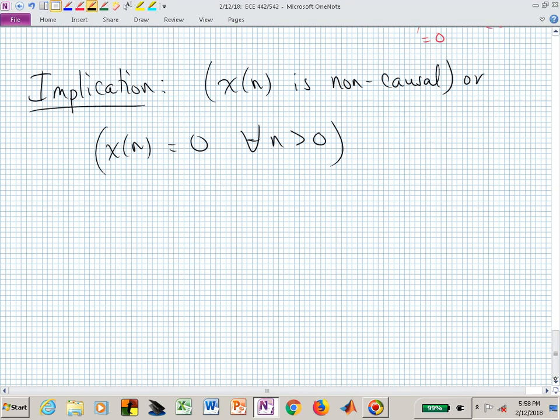The picture would be like this. Here is the x of n for pattern number 2. Minus 1, minus 2. Here is n.